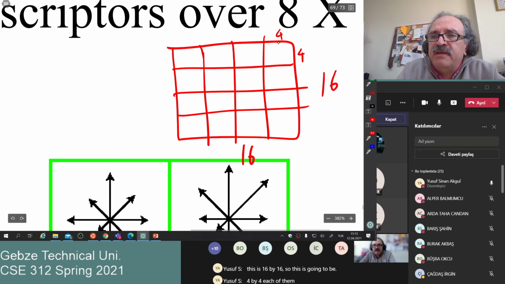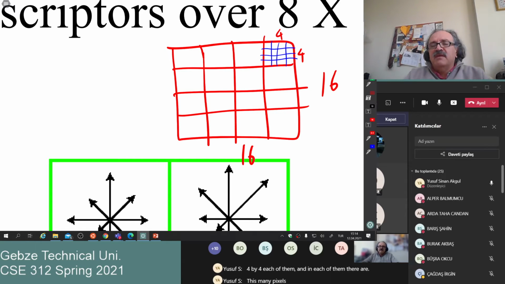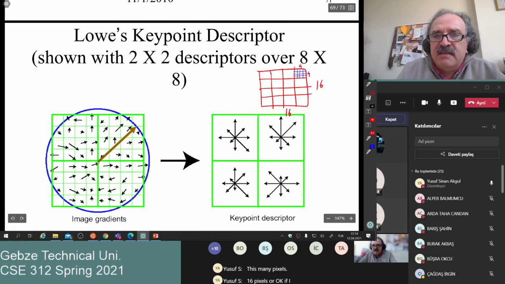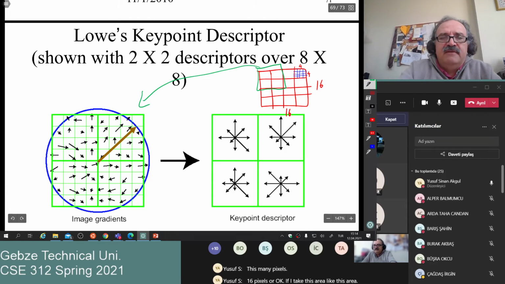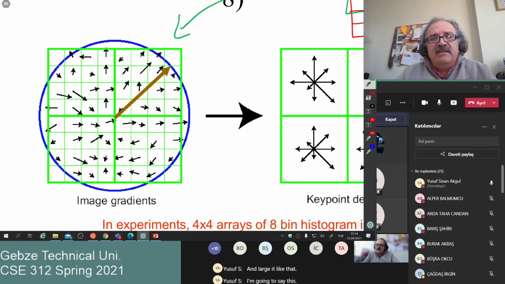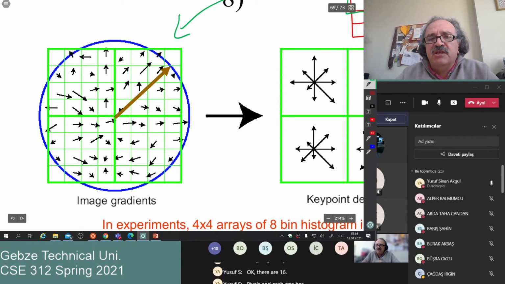And in each of them there are this many pixels, 16 pixels. If I take this area and enlarge it like that, there are 16 pixels and each one has its orientation.